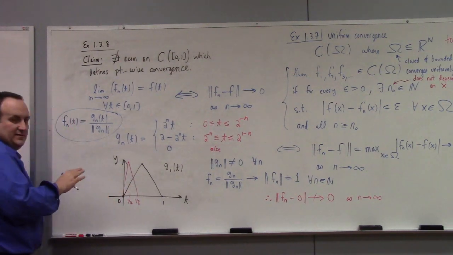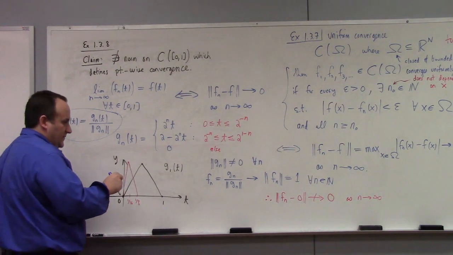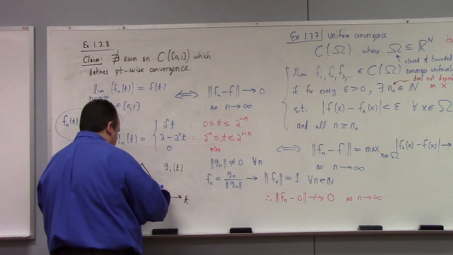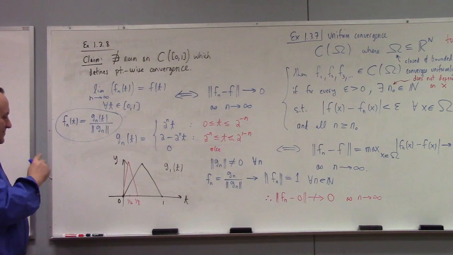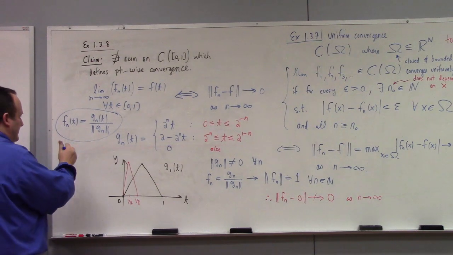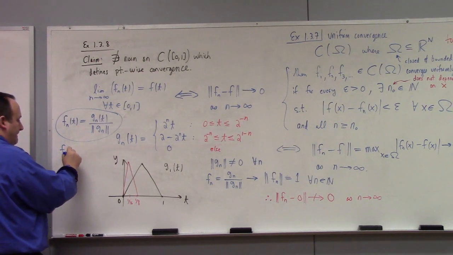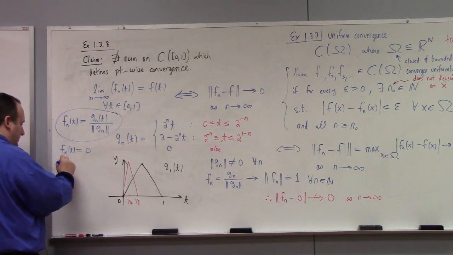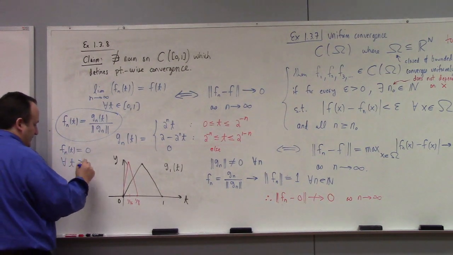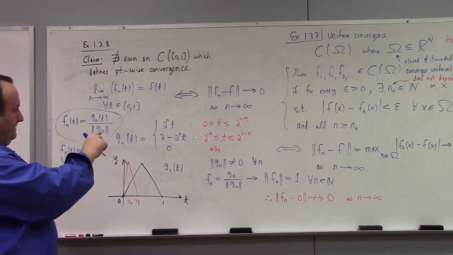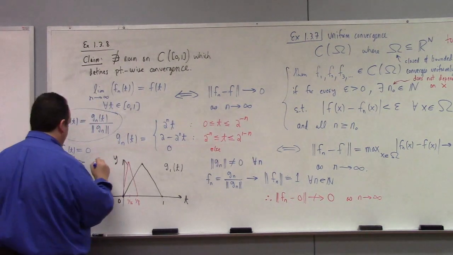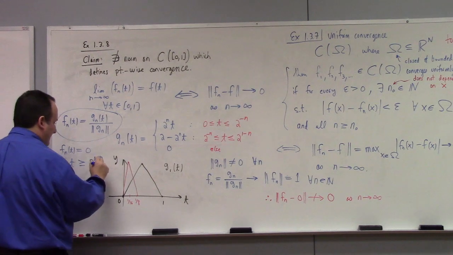Clearly fn of t is equal to 0 for all t greater than or equal to 2 to the minus n.